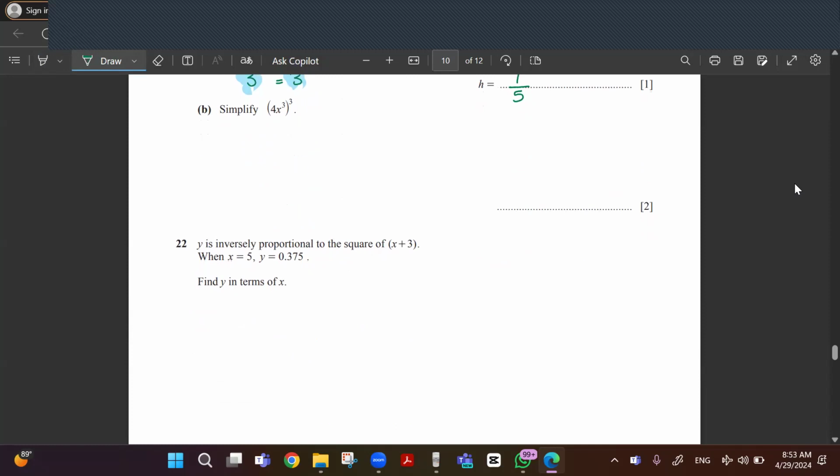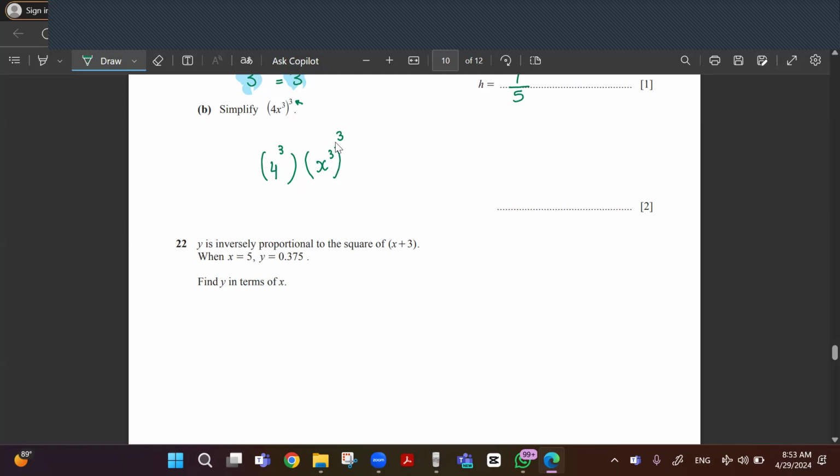Simplify (4x cubed) all power 3. If I have a power like this outside, I should distribute it on what is inside the bracket. So it will be 4 power 3 multiplied by x power 3 and power 3 again. Why power 3 again?